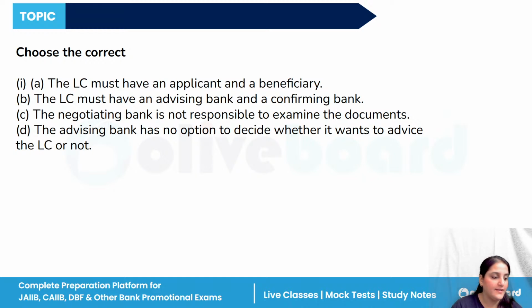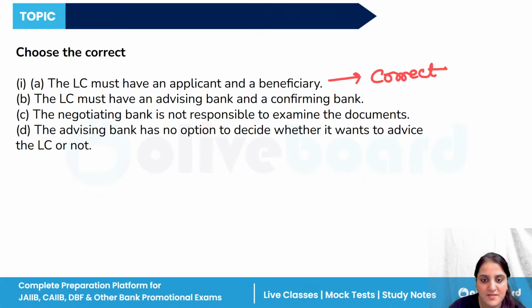So choose the correct one from here. Basically, if we talk about the LC, letter of credit, here four options are given. If we analyze, an LC must have an applicant and a beneficiary. This is correct because an LC is established between the applicant and the beneficiary, that is the seller.